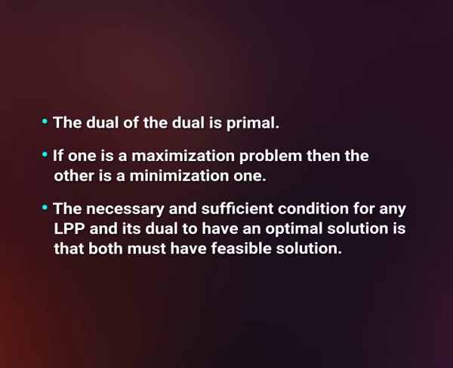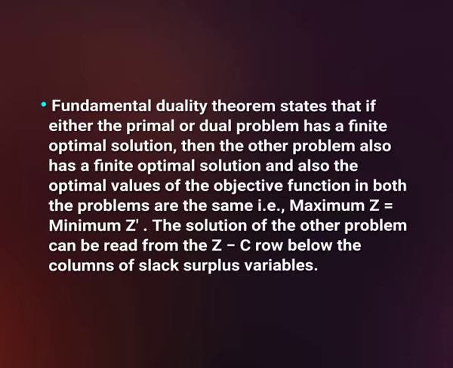The necessary and sufficient condition for any LPP and its dual to have an optimal solution is that both must have a feasible solution. The fundamental duality theorem states that if either the primal or dual problem has a finite optimal solution, then the other problem also has a finite optimal solution, and also the optimal values of the objective function in both the problems are the same.